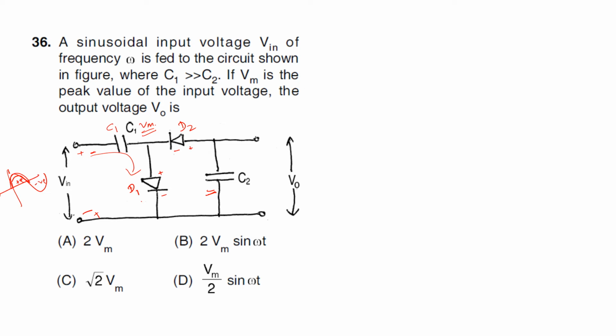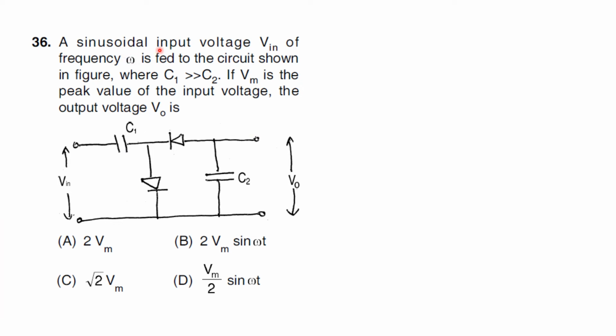So during positive half cycle it is Vm and during negative half cycle also Vm. Therefore total value is 2 Vm. Option A is correct.